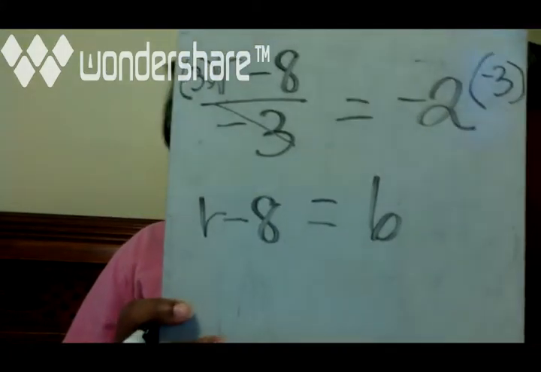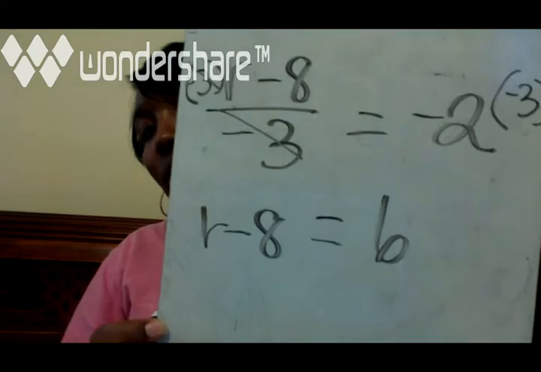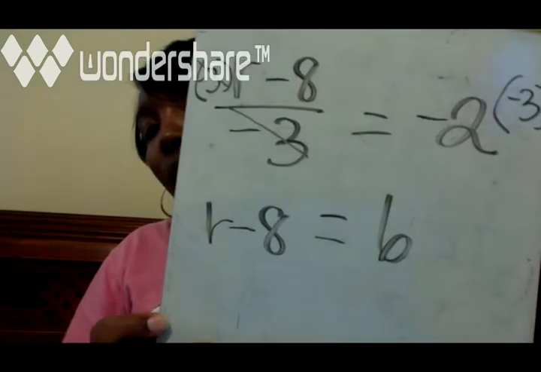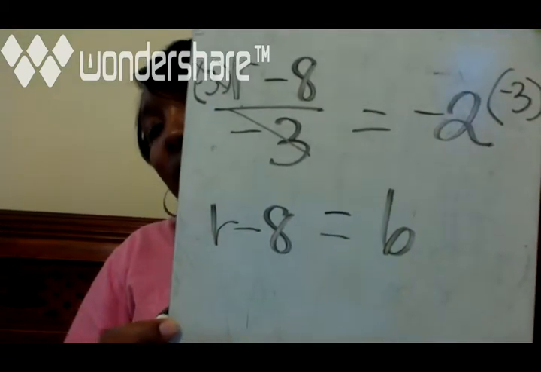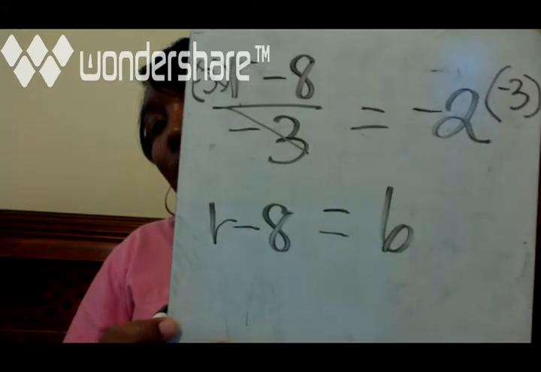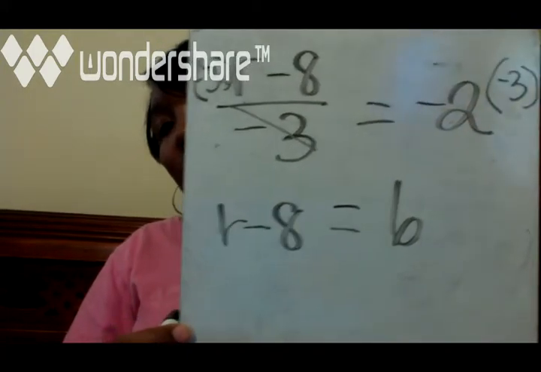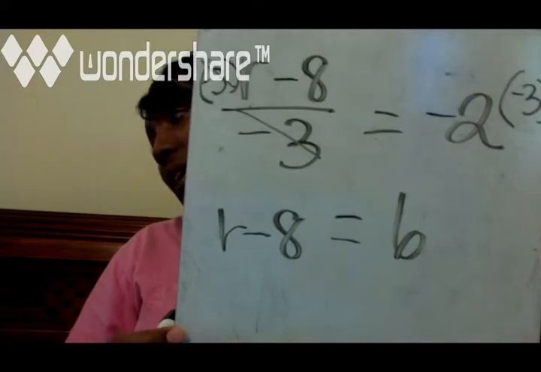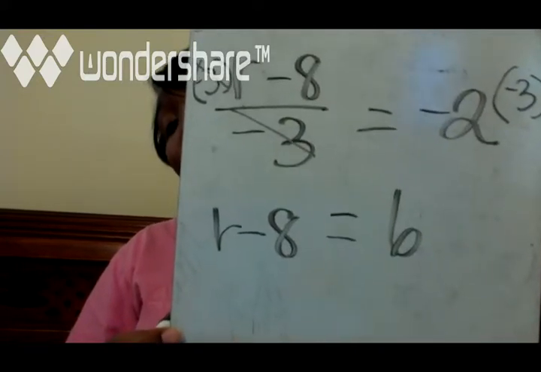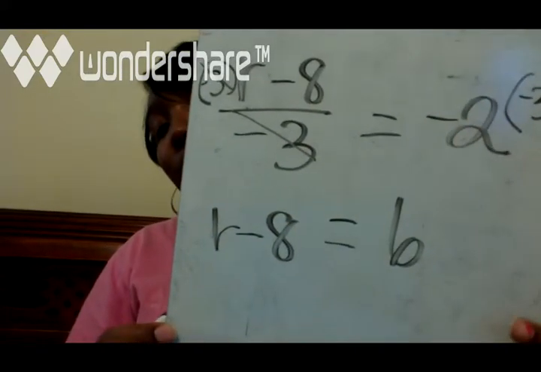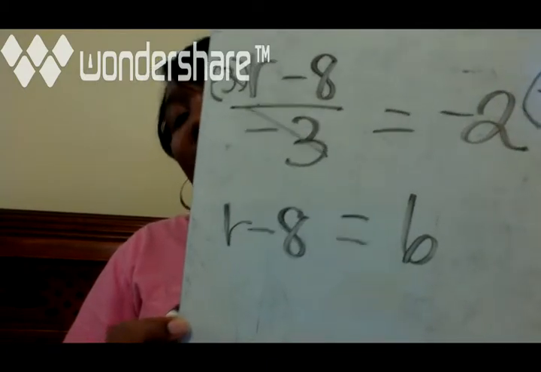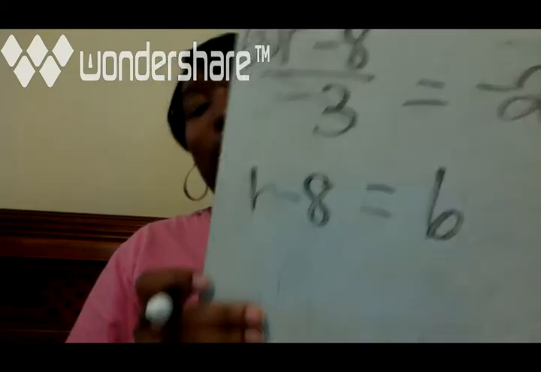Once I do that, the negative 3's are going to cancel, and I'm just left with r minus 8 equals positive 6. Now this is a regular one-step equation, and to get the variable by itself, I would only have to add 8 to both sides. So r is equal to 14.